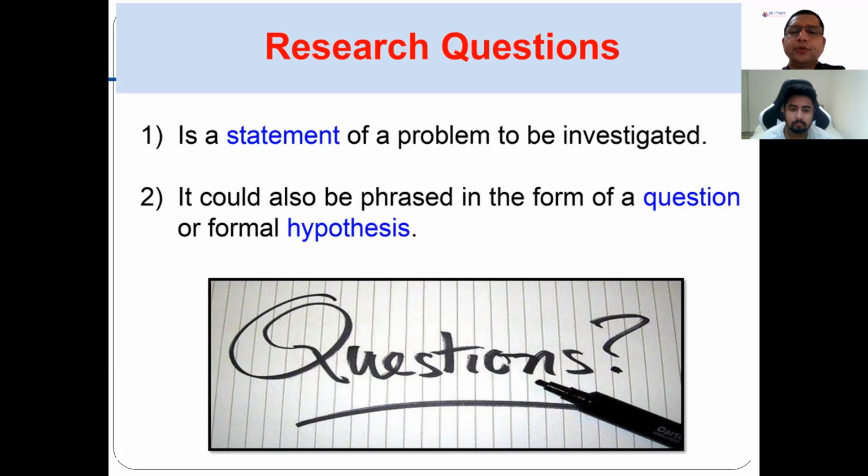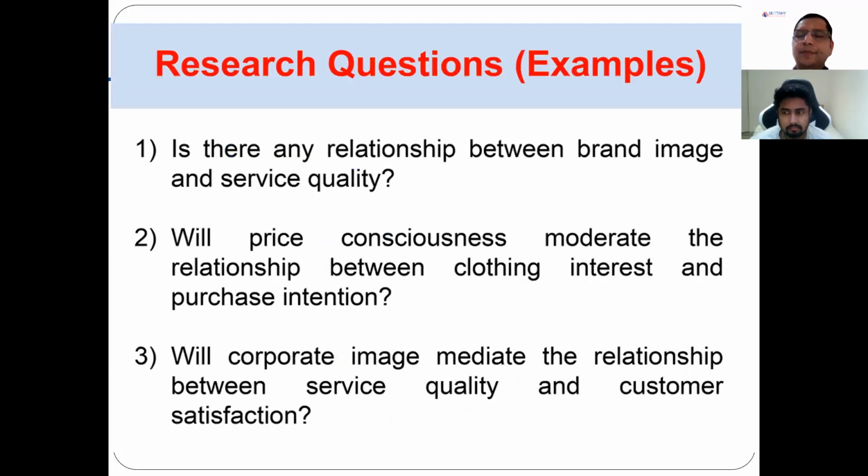Now the next part is research questions. A research question is a statement or problem to investigate. It could also be phrased as questions or formal hypotheses. So this is an example of how we develop research questions. When you write research questions and research objectives, they must be coherent; there must be some relationship.